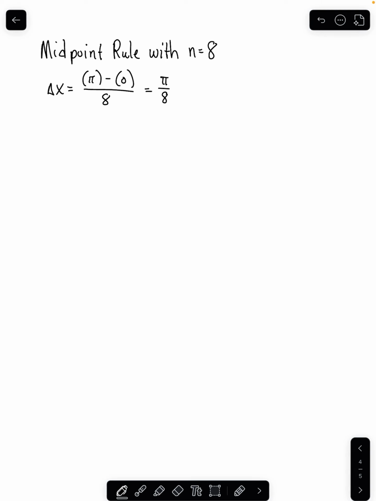Now again, all we need is the first midpoint, really. So we're going to start with the first subinterval. And the way to get the midpoint of that, of course, is to add the two endpoints and then divide by 2. And this will end up giving us pi over 16. So that's the midpoint of the first interval.